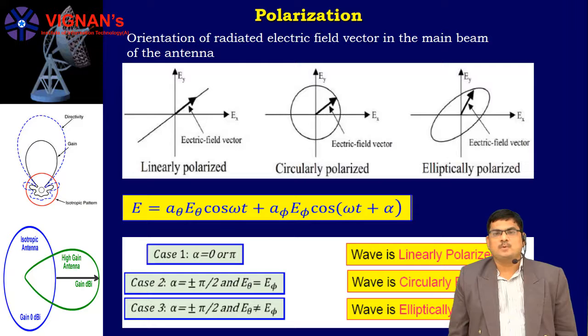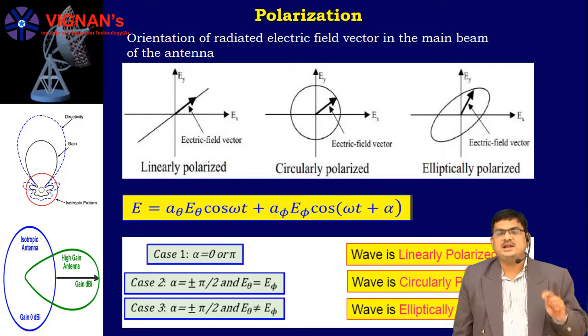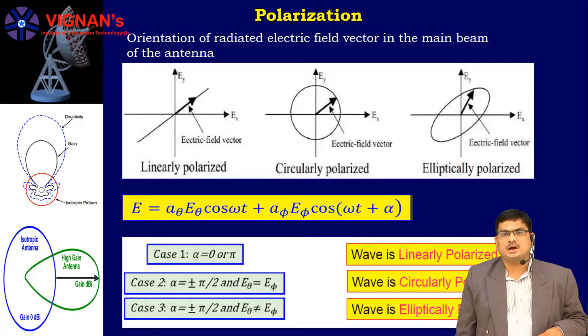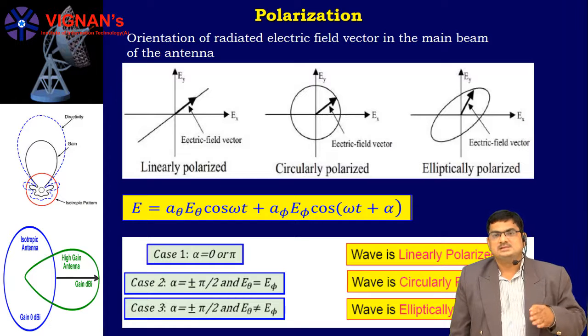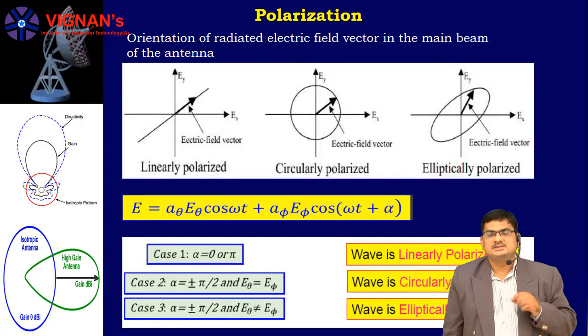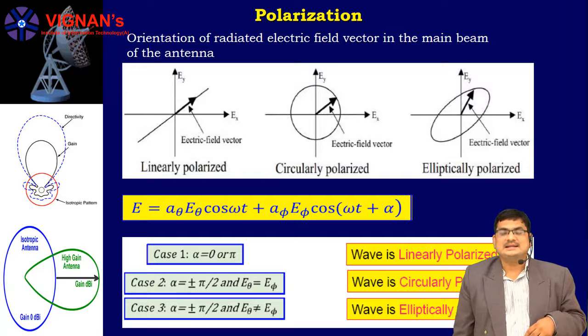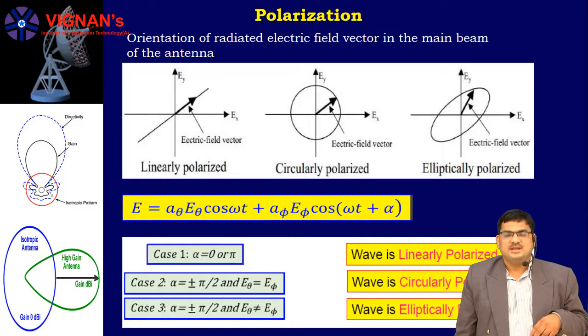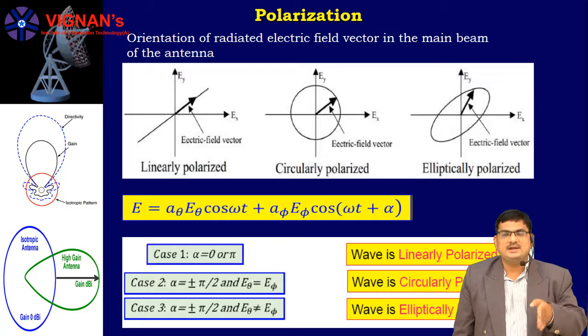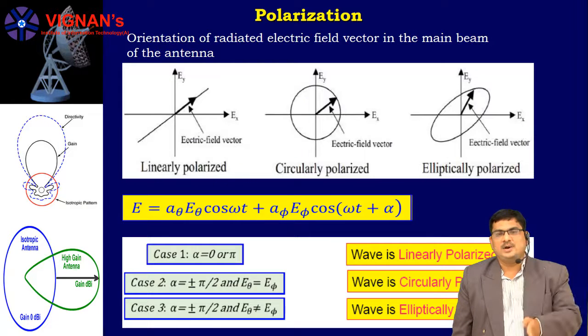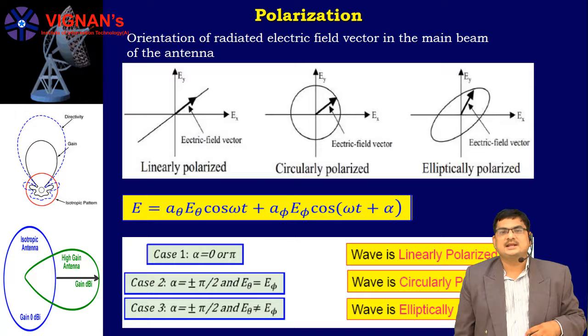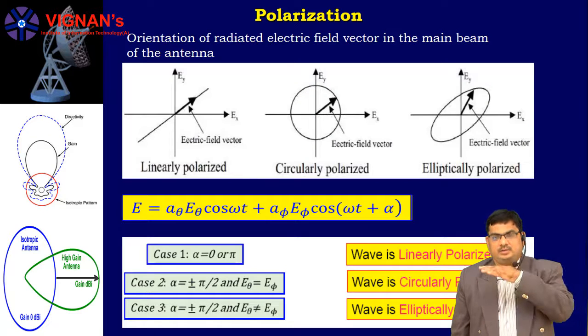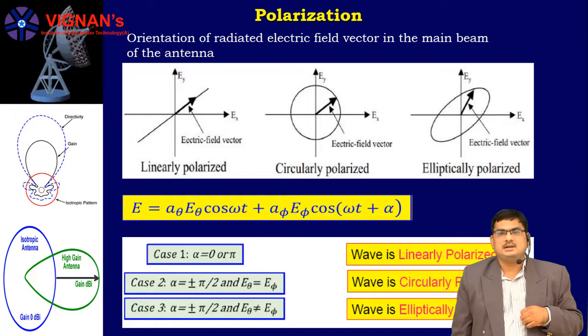In linear polarization, the electric field vector is traced in a single line with respect to time. If your electric field is in the vertical direction, then it is called vertical polarization. If your electric field vector is in the horizontal direction, then it is horizontal polarization.